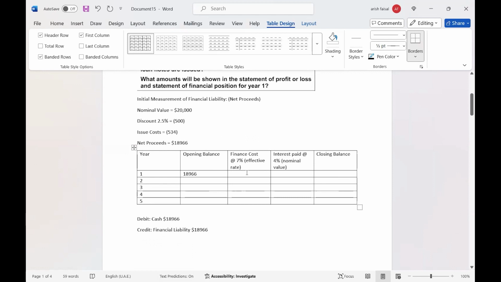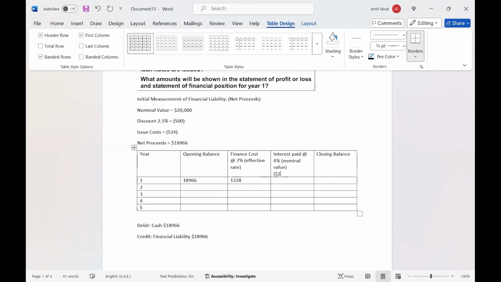So on 18966, for the first year you have to take 18966 into 7%. So the expense for the first year will be 1328. I'm just rounding it up. And then the interest paid will be 20,000 at the rate of 4%, which is the rate at which they are paying you the interest.